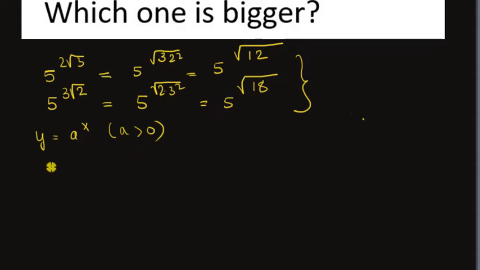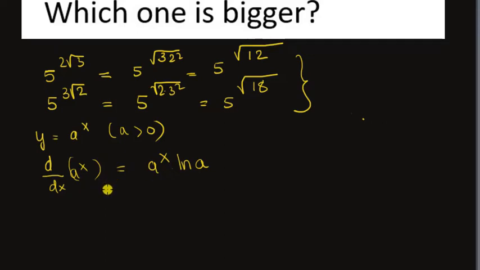So the derivative of this function is a to the x power times natural log of a, right? Natural log of a.